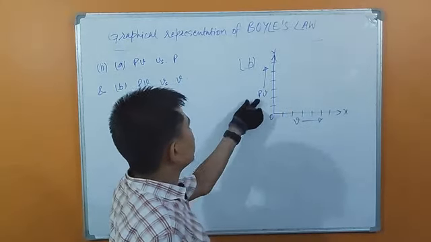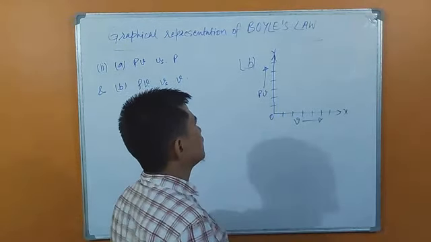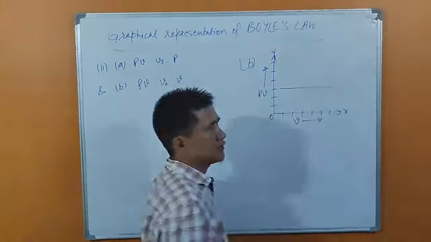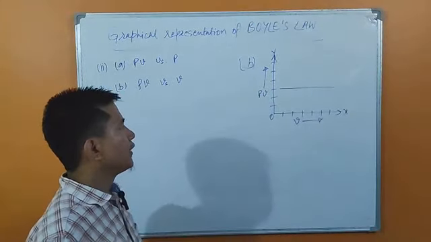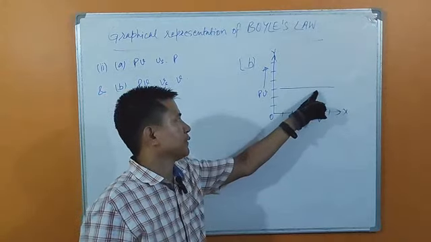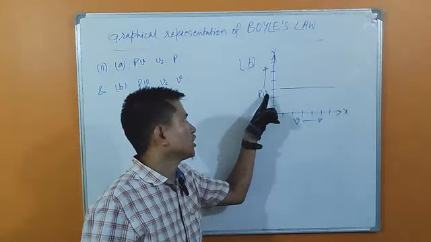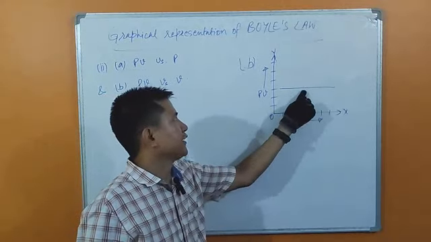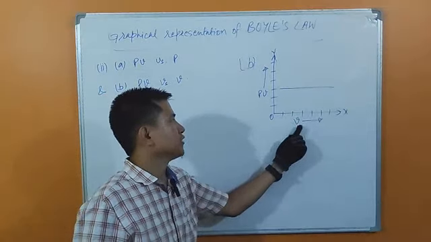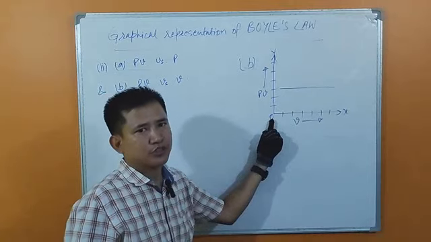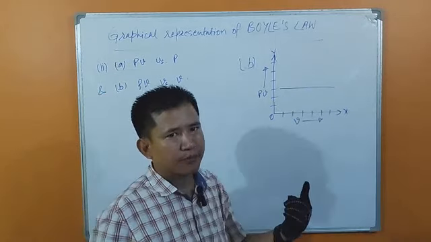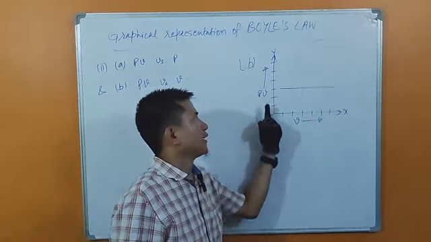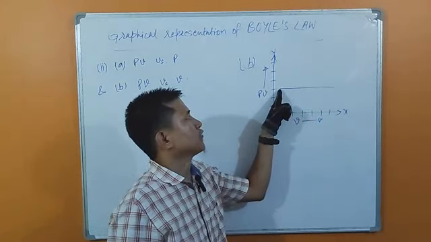So if I draw PV versus V, how would the curve look like? The curve would look like this straight line, similar to the previous one. Why? First of all, let me explain. This line should not touch the y-axis either, as before, because if this line touches the y-axis, this means the volume of gas becomes 0. And you know that the volume of gas can never be 0, so this line should not touch the y-axis. This should start somewhere from here.